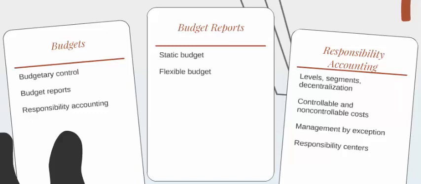And what a flexible budget does is it lets you have pretty much multiple static budgets. So you have a wide range of activities. You've got different levels that you can look at. So if you thought maybe you were going to be at 5,000, but you ended up at 8,000, or if you have a flexible budget and that's within that range of flexibility for that budget, then you can adjust based on what that level of production or activity, depending on what type of budget we're looking at, actually was.